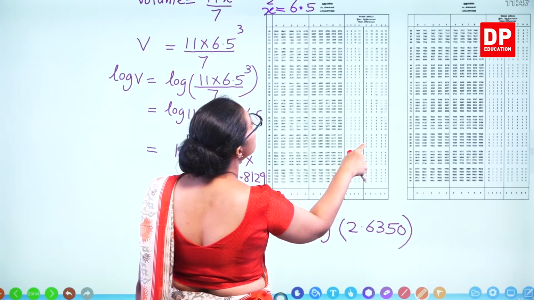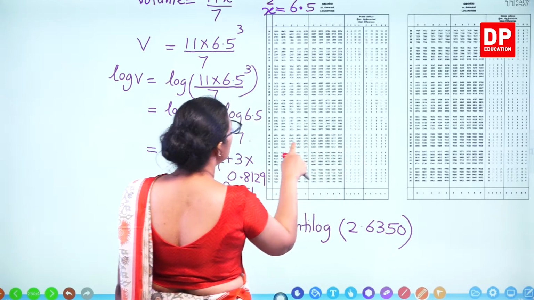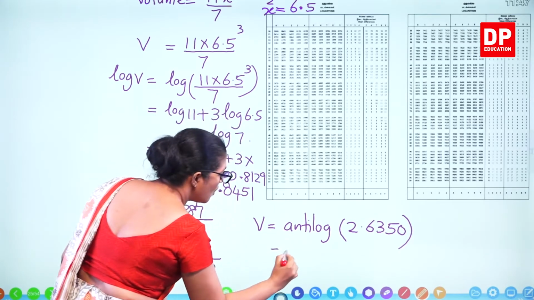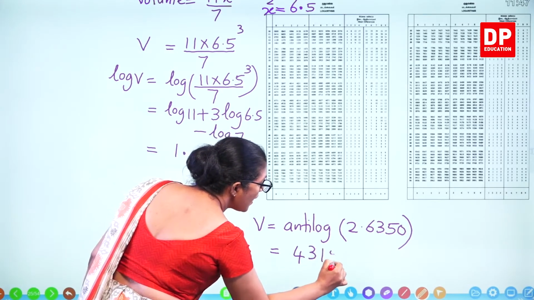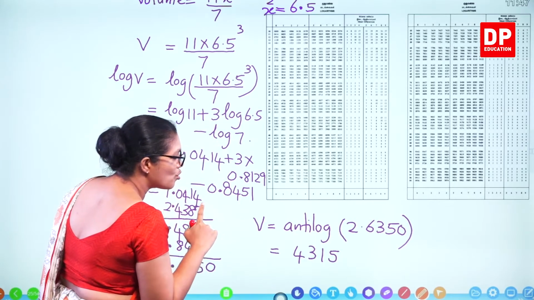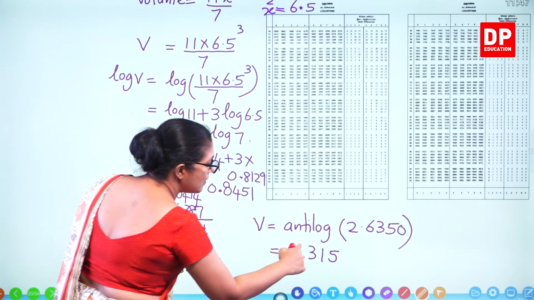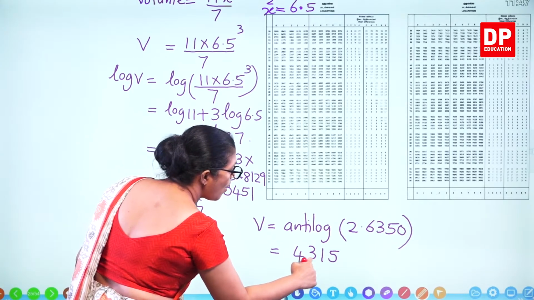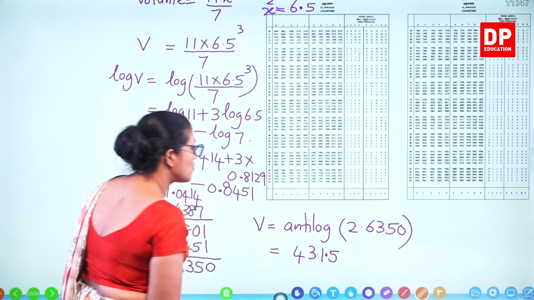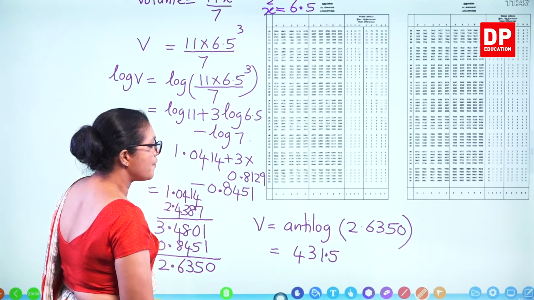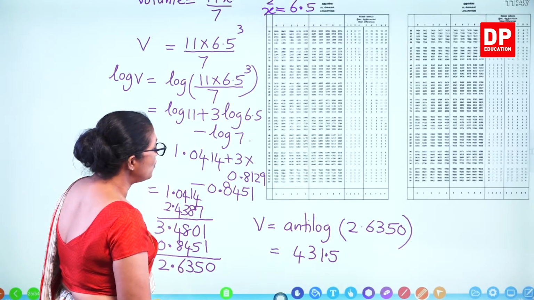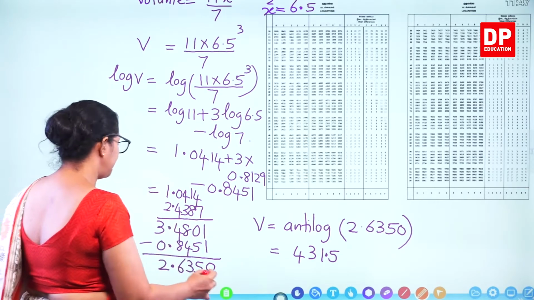So that's 5. 4315. And this is 2. 2 means the point moves 2 decimal places. So here 1, 2. So this place. 431.5 is the volume.